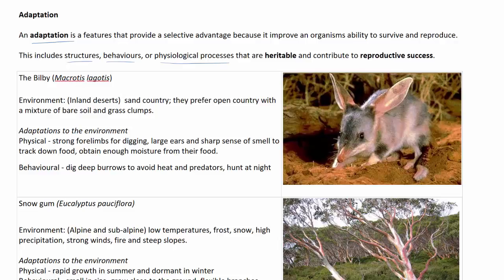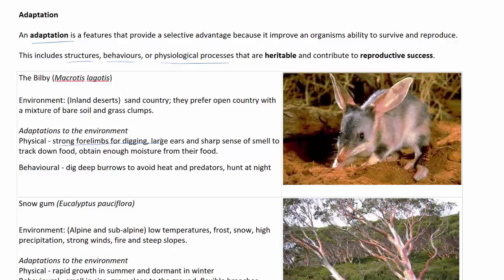So a couple of examples. One is the bilby, which lives in inland desert environments in Australia. In order to adapt to its environment, the bilby has evolved to have physical traits such as strong forelimbs for digging. It's got large ears and a sharp sense of smell to track down food, and it can obtain enough moisture from its food.